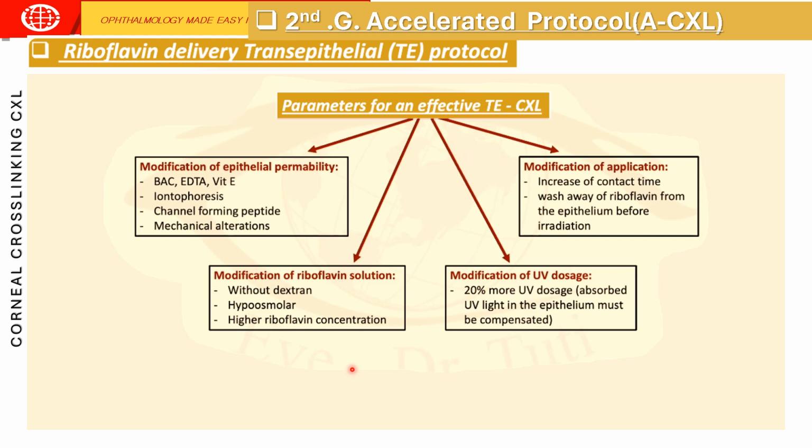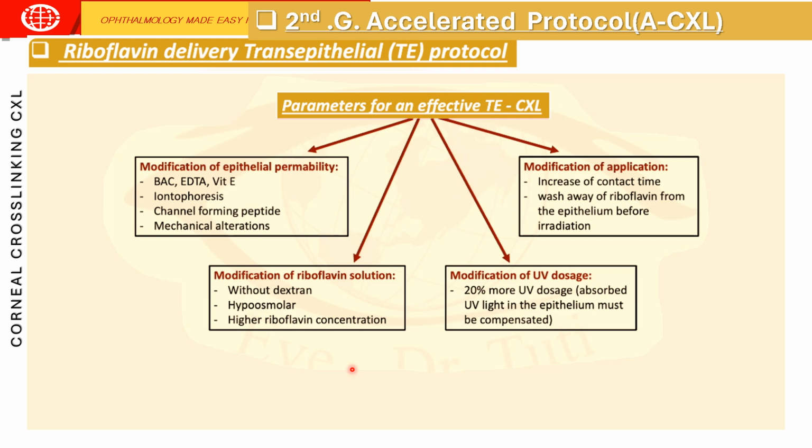Some other doctors try to compensate for the shortage of absorption of the ultraviolet from the intact epithelium, so they increase the power or the intensity of the ultraviolet. Among these factors is also increasing the contact time, instead of 30 minutes, increasing the duration of the riboflavin on the surface of the cornea.